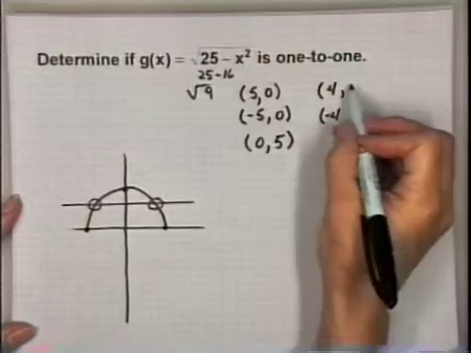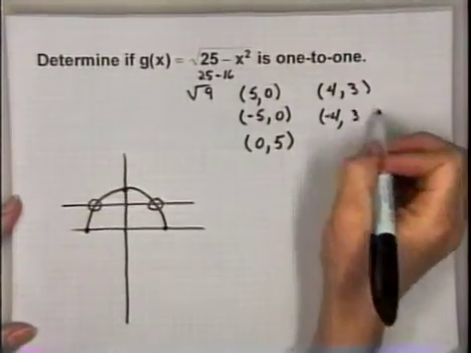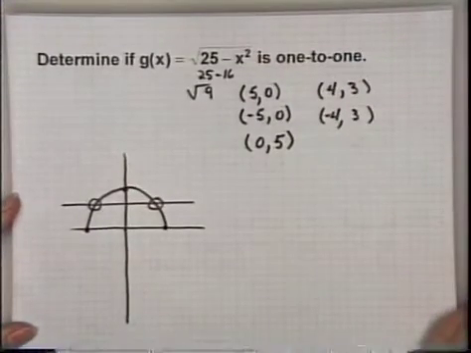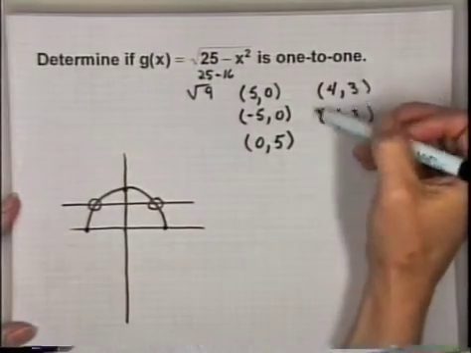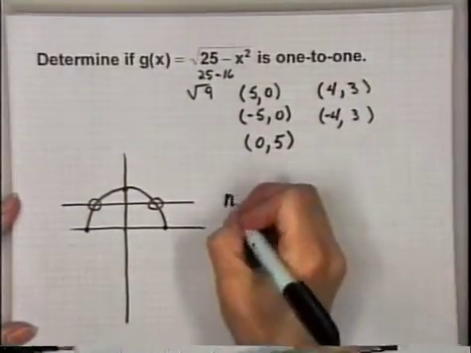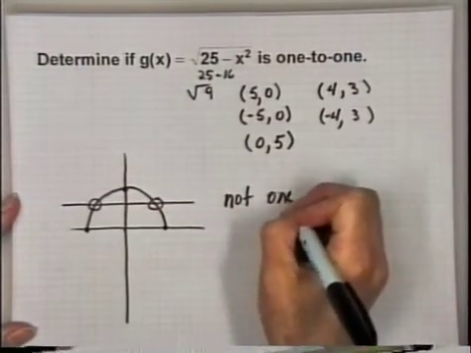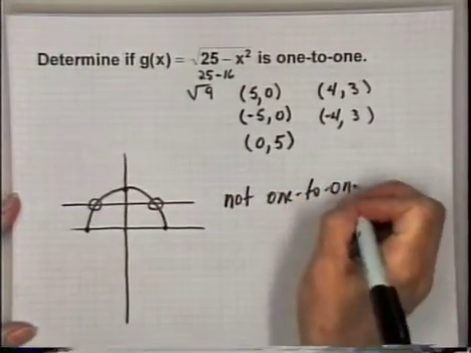And the square root of 9 would give me 3 in both of those cases. So we can see that there are y values that have two different x values. This function is not 1-to-1.